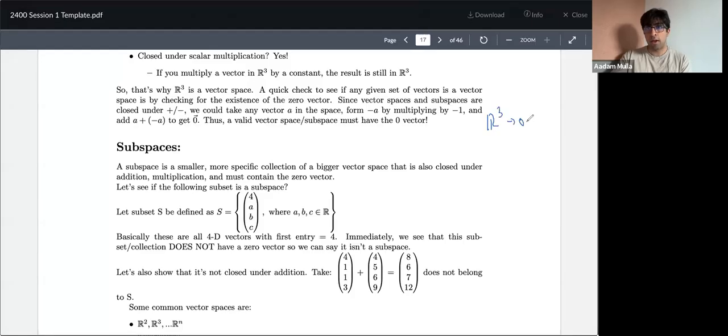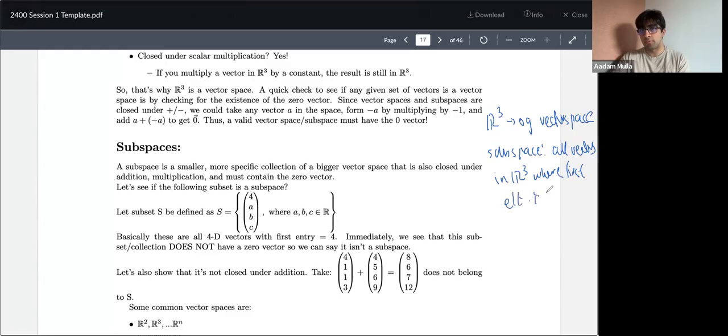My subspace could be all vectors in R3 where the first element is 0, so all vectors of the form 0, a, b. All of these still belong to R3; they're just a more specific set of R3. Does that make sense?